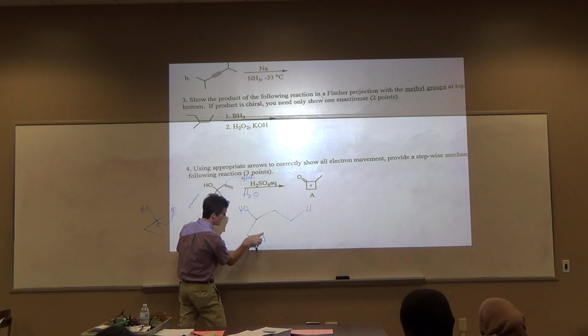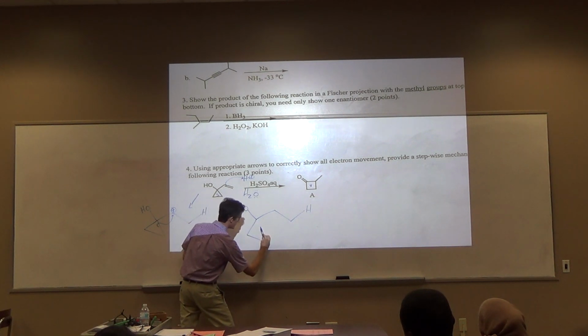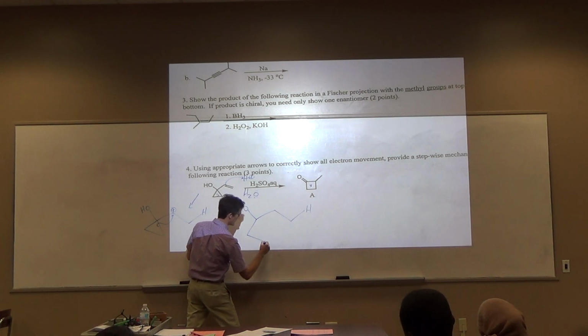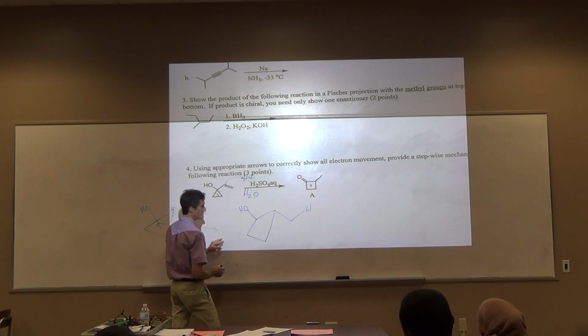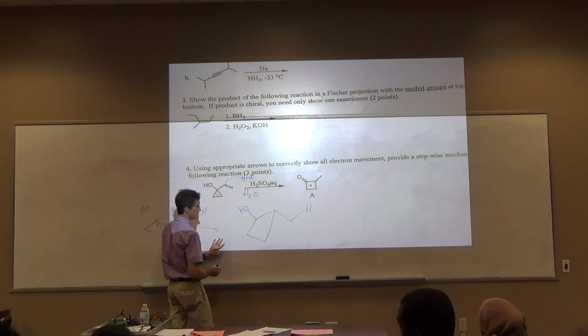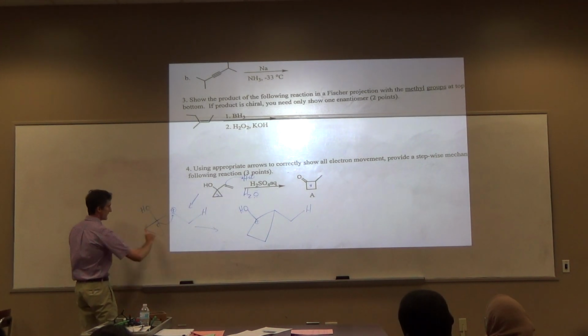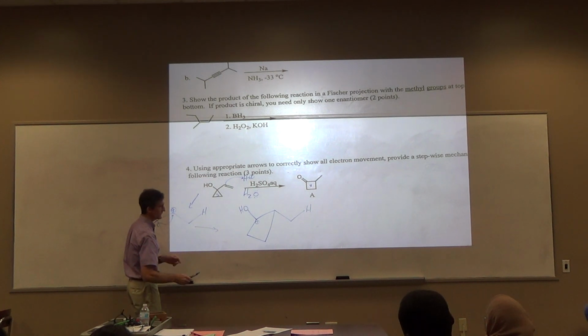Where is it now? It broke free and it moved over. It's like a pin. It needs to be longer because it moved over there and bonded. What's here now? There's no H there, so there are only 3 bonds and it's a plus there. Electrons moved over. That's what it gives.